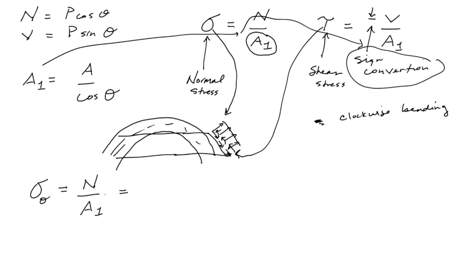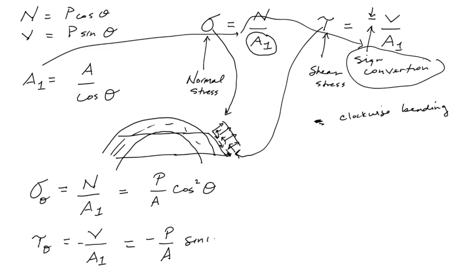Plugging in the definitions for both N and A1 gives us P over A cosine squared theta. And tau theta is V over A1. It's going to be equal to minus P over A sine theta cosine theta.